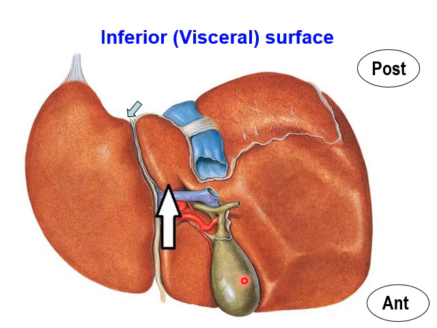Just to the right side of the gallbladder fossa there is a duodenal impression, which is related to the upper portion of the second part of the duodenum. Just to the right side of this duodenal impression there is a large smooth area called the renal impression, related to the anterior surface of the right kidney.